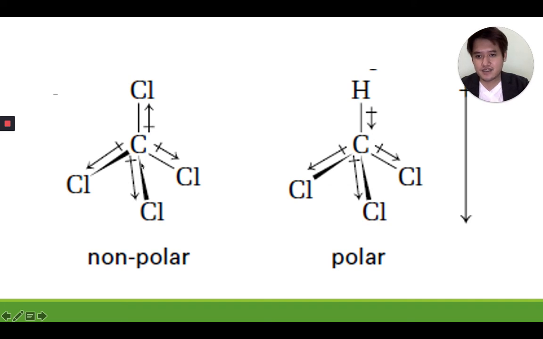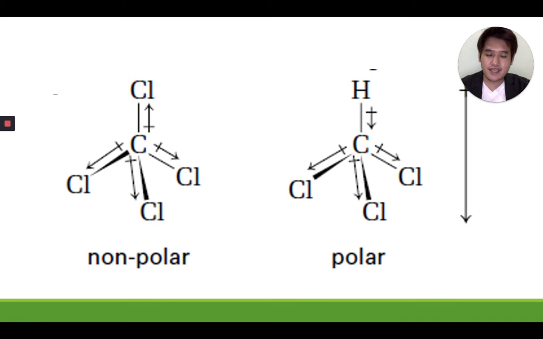However, if the components of the vectors are canceling each other out, remember, for each arrow, you can resolve it into its x and y components. You remember vector diagrams. If there are components that are canceling each other out, then the molecule will be nonpolar.